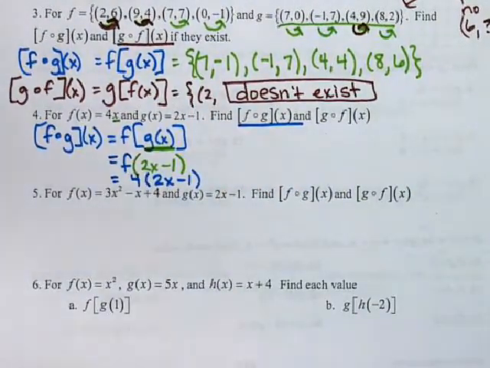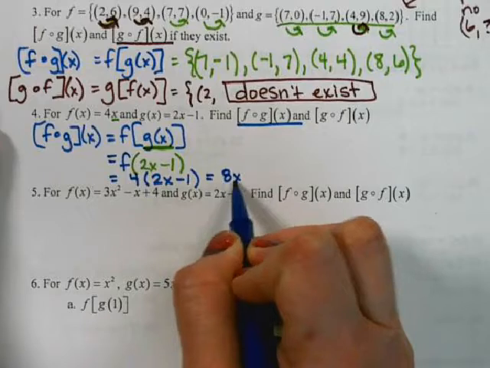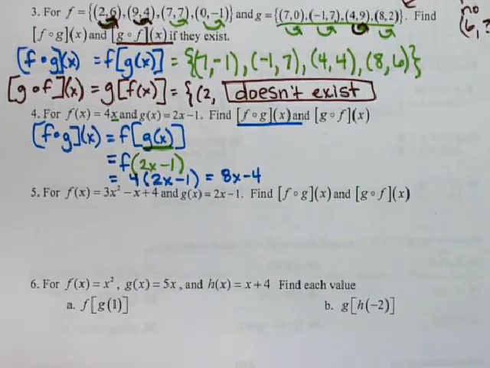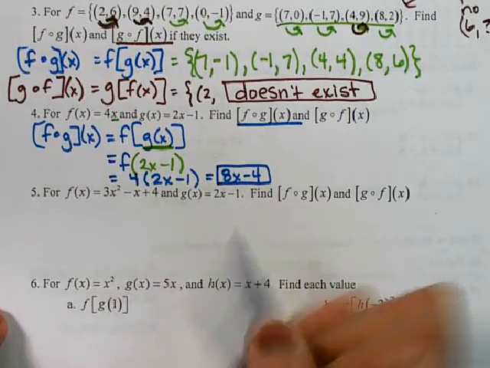We're plugging one function into the other everywhere there's an x. If I simplify that, I get 8x minus 4. Okay, there's one. So we had to go both ways.